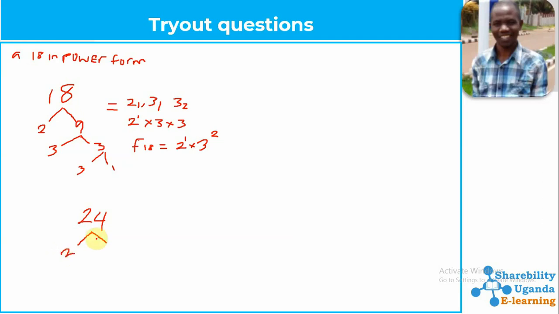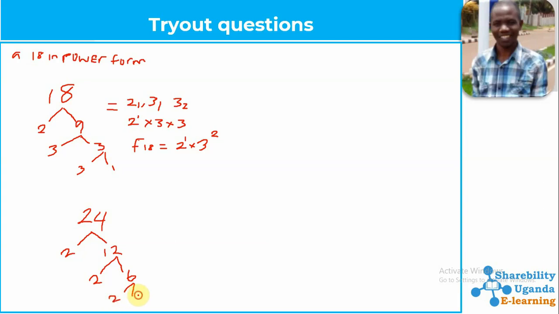Okay, let's try out a 2. So when you divide 24 by 2, we get 12. Also, we are going to divide our 12 by 2. We get 6. Also, we are going to divide our 6 by 2.